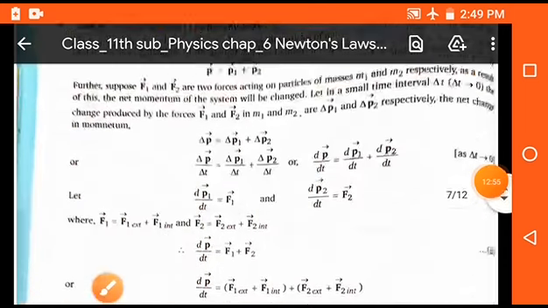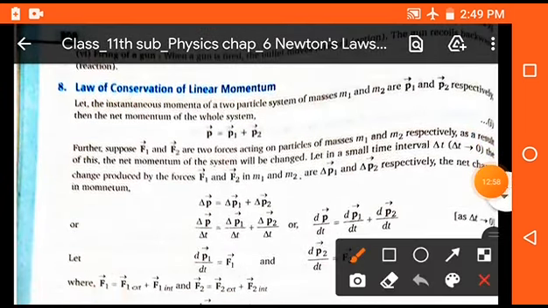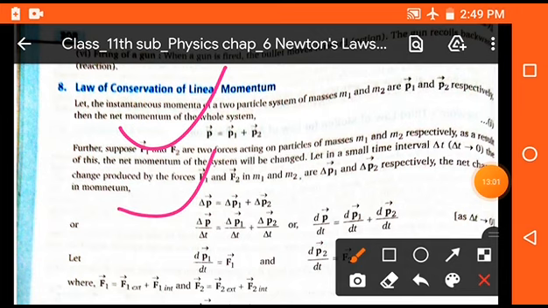This derivation can be easily drawn because we know that P is equal to P1 plus P2, and now delta P is equal to delta P1 plus delta P2. Dividing by delta T, we get delta P upon delta T is equal to delta P1 upon delta T plus delta P2 upon delta T. We know that delta P1 upon delta T is equal to F1.